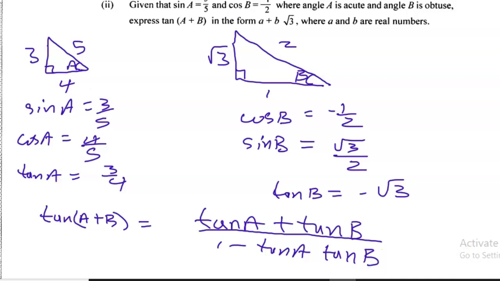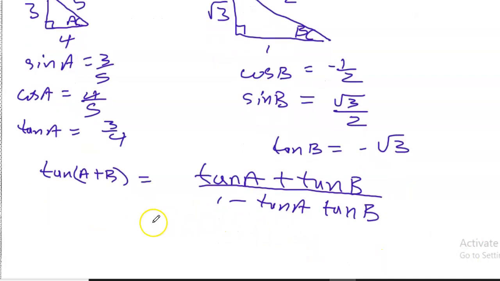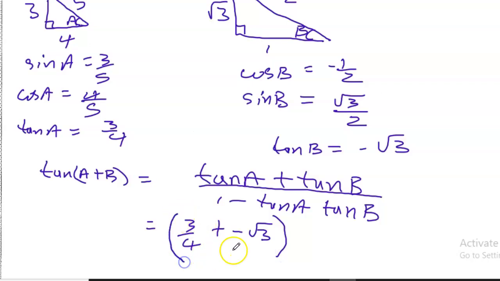Now let's plug in the values now. So tan A is 3/4, plus tan B is negative root 3, so it's 3/4 minus root 3, divided by 1 minus tan A tan B, so it's 1 minus 3/4 times minus root 3.